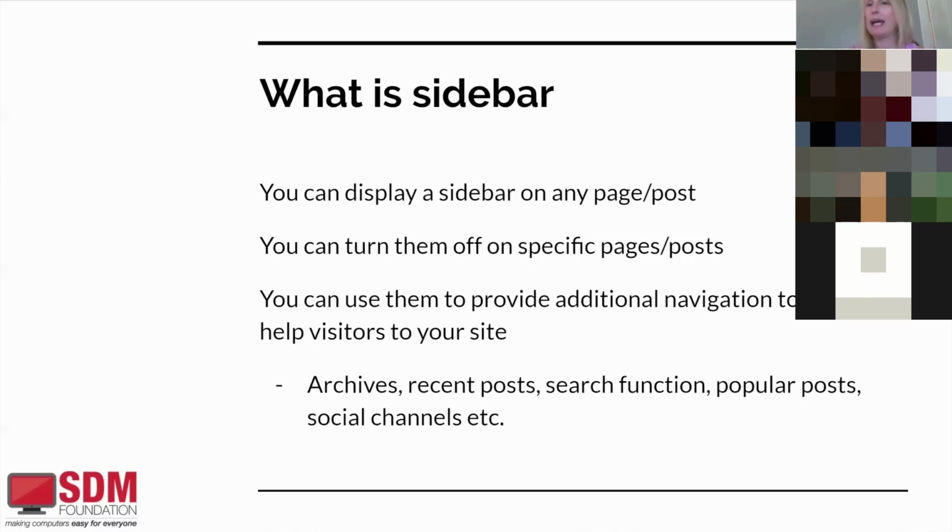You can display categories in there. There's a number of different things that you can put into the sidebar. You create them using widgets, and you just add what you would like to your sidebars.